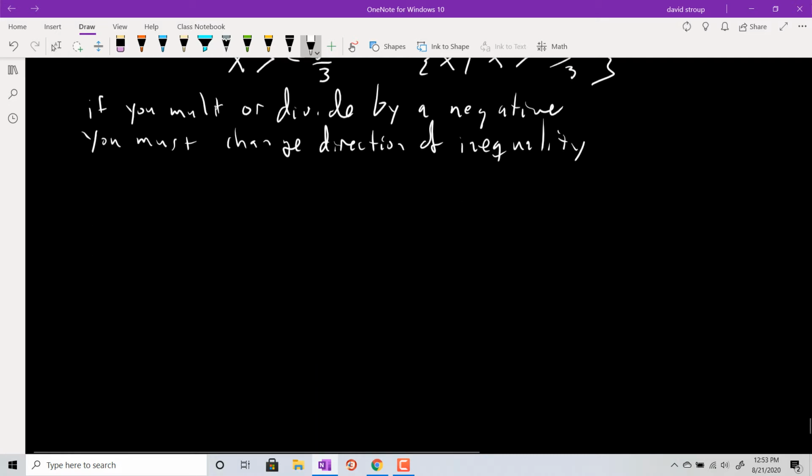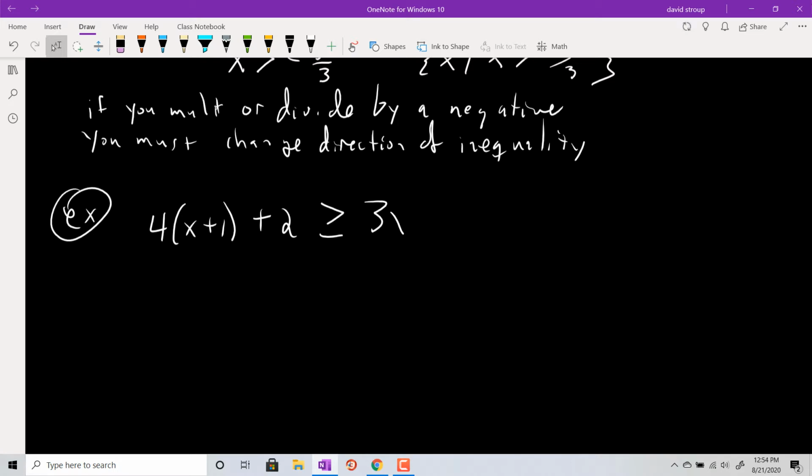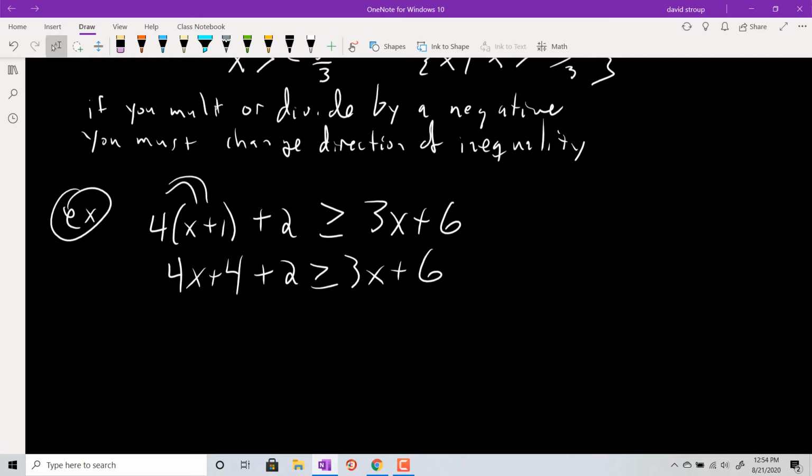Let's look at a little bit of a harder one then. 4 times x plus 1, plus 2, greater than or equal to 3x plus 6. Distribute. Combine like terms.